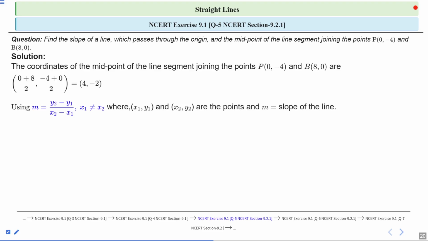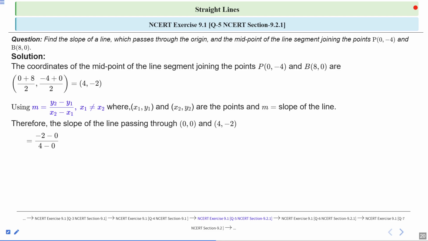So using this formula, m equals (y2 minus y1) divided by (x2 minus x1), where x1 does not equal x2, where (x1, y1) and (x2, y2) are the points and m is the slope of the line. So note this formula. Therefore, the slope of the line passing through the points (0, 0) and (4, -2) is equal to (-2 minus 0) divided by (4 minus 0).